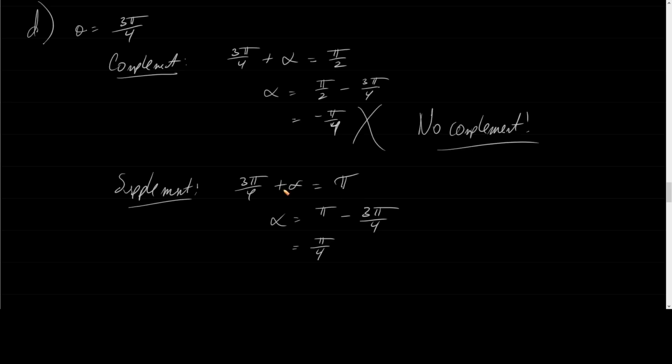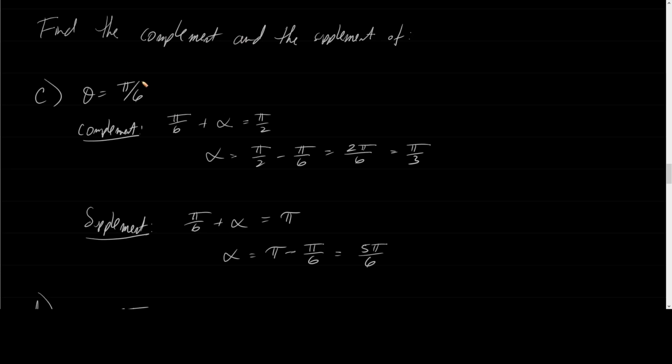So 3 pi over 4 does have a supplement, because here our answer, pi over 4, is a positive angle, so we're good, right? By definition, we're fine. So it does have a supplement, but it doesn't have a complement. So essentially, what this tells us is that obtuse angles don't have complementary angles. They only have supplementary angles. Whereas acute angles have both a complement and a supplement. All right.